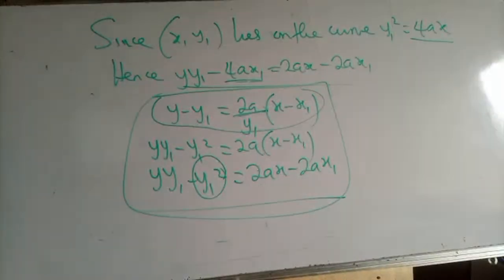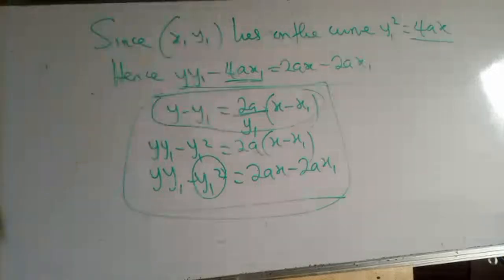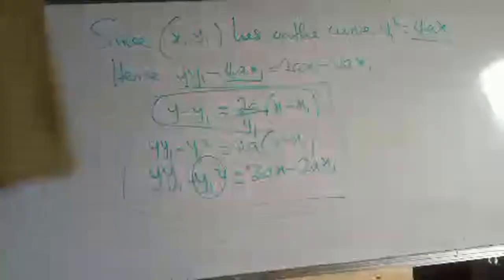Don't worry. The example will open your eyes. So the required equation now, therefore the required equation is now going to be y1 is equals to 2a into x plus x1. Why? Fine.